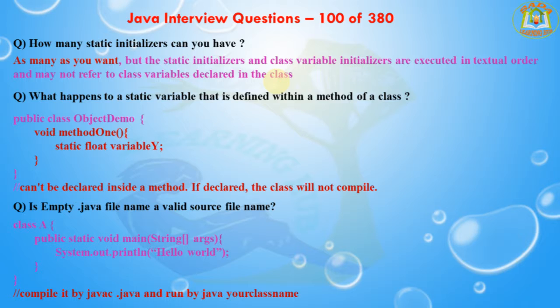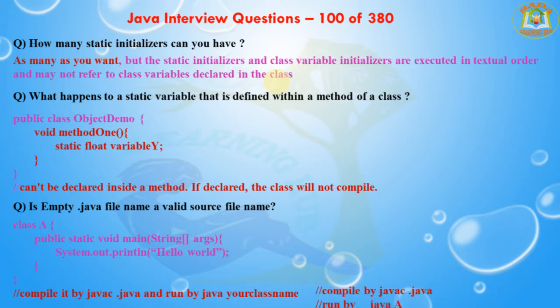Then we run the program using the class name. That is the compilation and running of your Java program. It's possible to give any name to the Java file, but whenever you are running, you must give the class name.